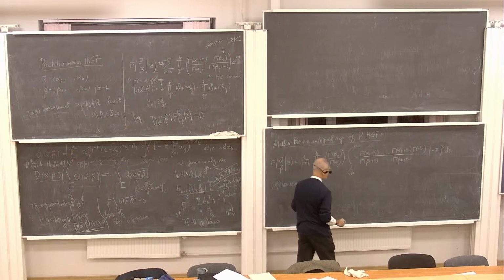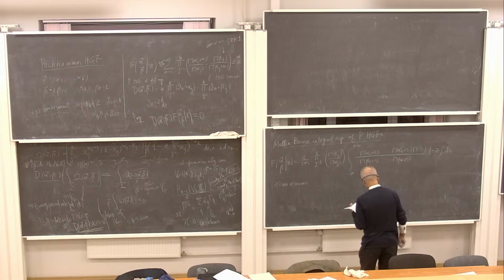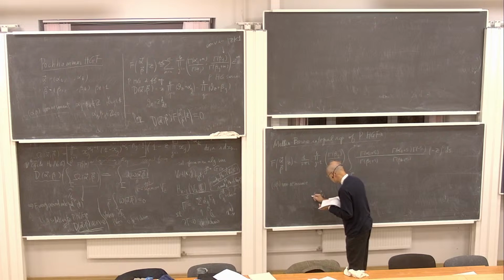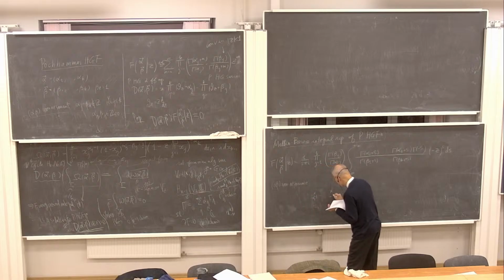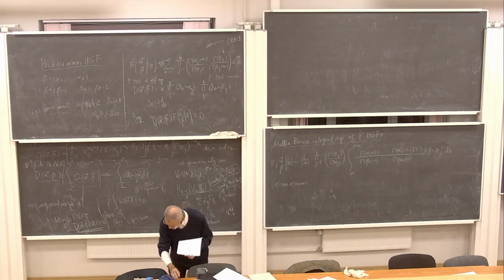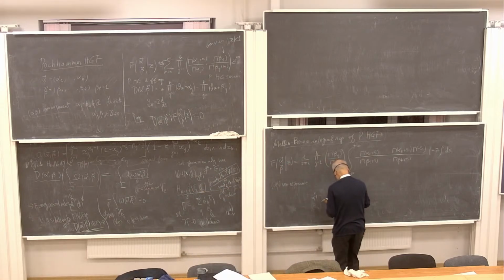That is, none of them coincides, which means that we have minus alpha 1, minus alpha 1 minus 1, etc. Maybe I should write it. And also minus alpha 2, minus alpha 2 minus 1, and so on.